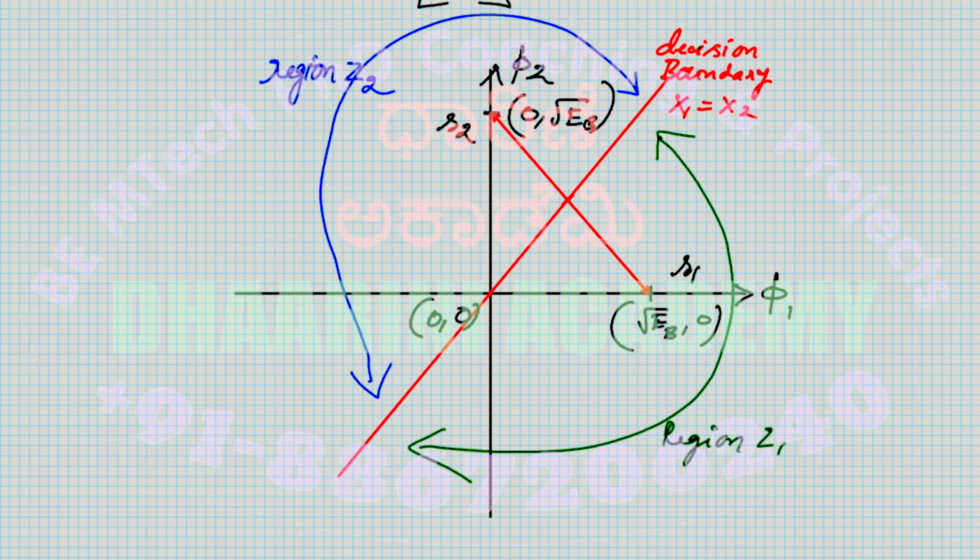Now, what is the condition? How do you recognize whether a point is in region number 1 or region number 2? How do you identify? What should be the condition?